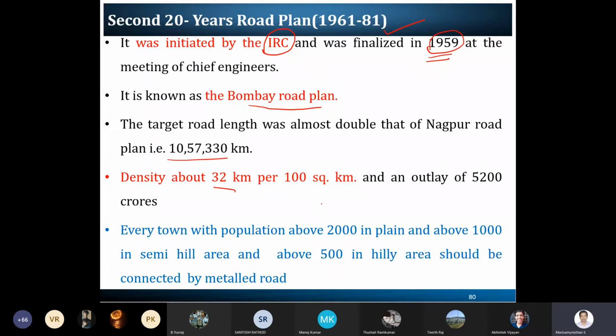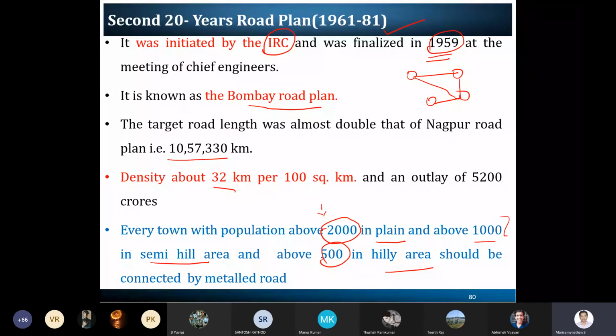Also, here they have come up with a criterion. Instead of connecting so many places without any logic, they came up with population statistics. If a town has 2000 population in plain terrain, 1000 population in a semi-hilly area, and above 500 in a hilly area, then all such towns should be connected by a properly designed road.